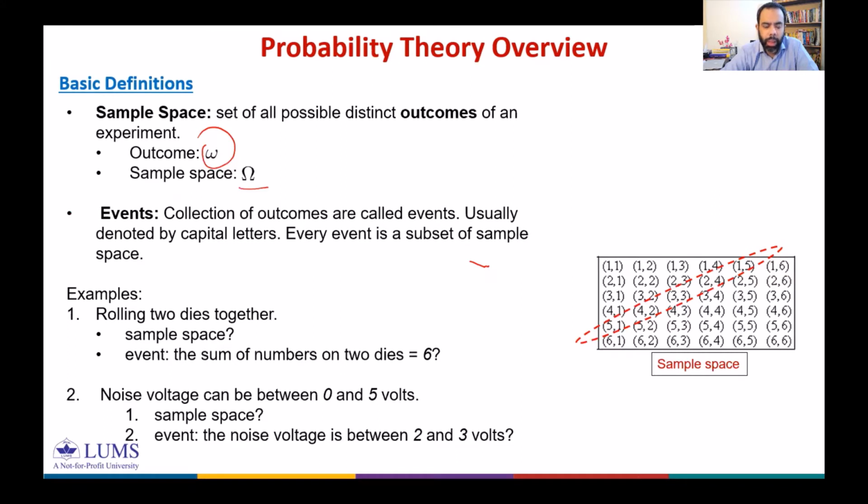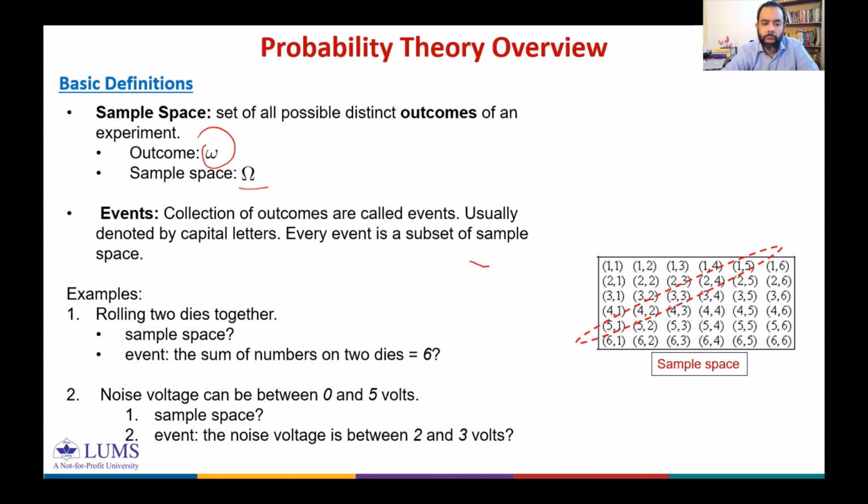Another example could be a noise voltage randomly between 0 and 5 volts. What is the sample space here? The sample space is continuous in nature in this case. That is, any value from 0 to 5 volts.